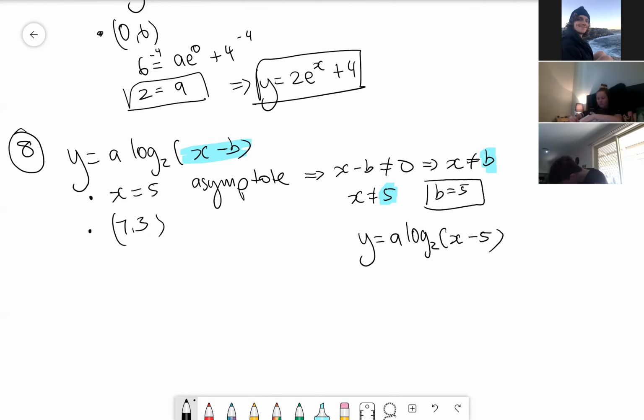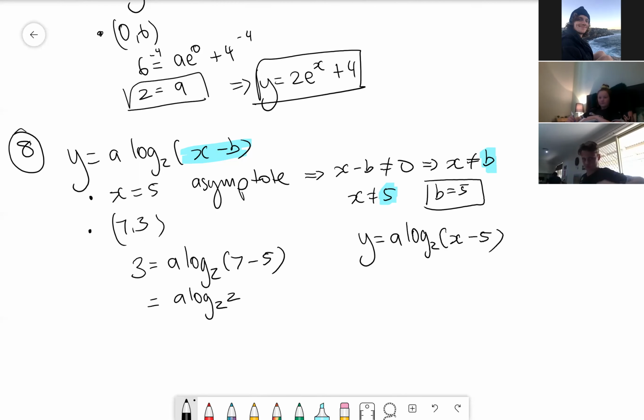And so what's the second thing we do with this point? Sub it in. Yeah, just sub it in. So we'll get 3 is equal to a log to the base 2, x take 5. Oh, forgot to sub in x. 7 take 5. So 7 take 5 is 2. So we've got log to the base 2, 2.